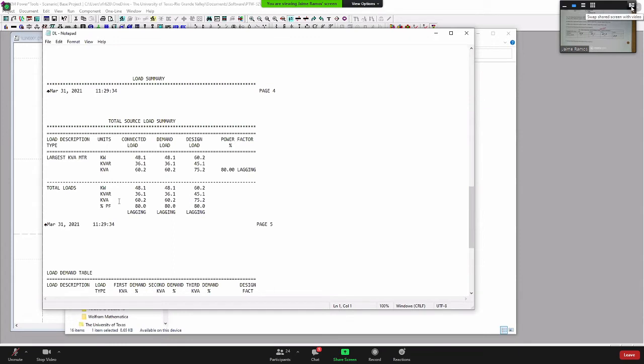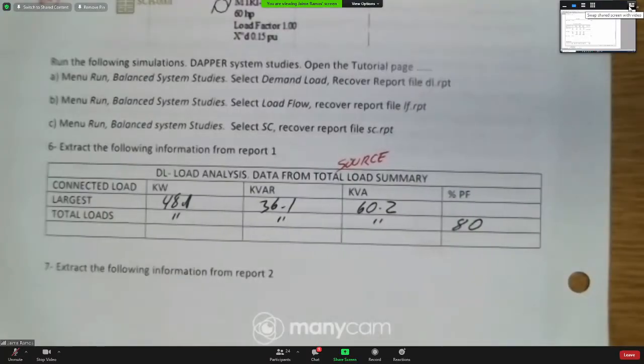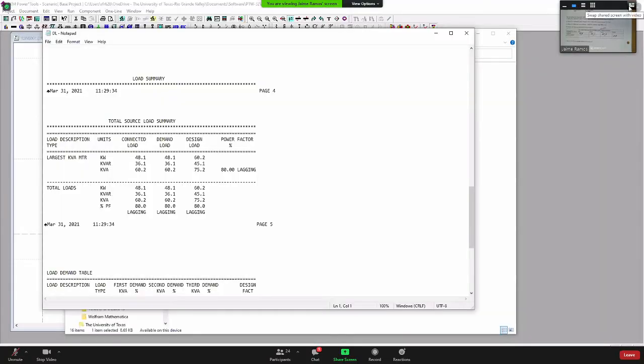So 36.1 over 48.1, the inverse tangent. And then the cosine. 80% indeed. I just calculated the power factor using this and that.